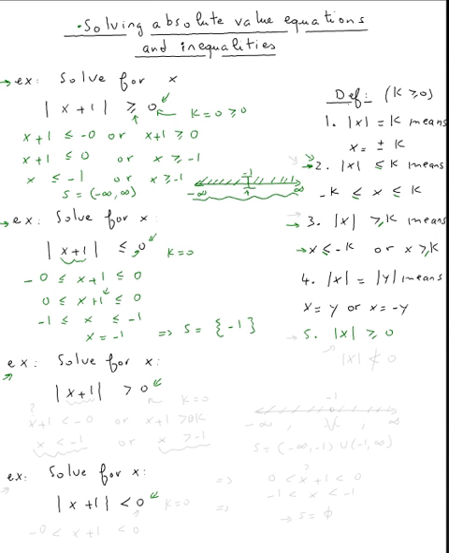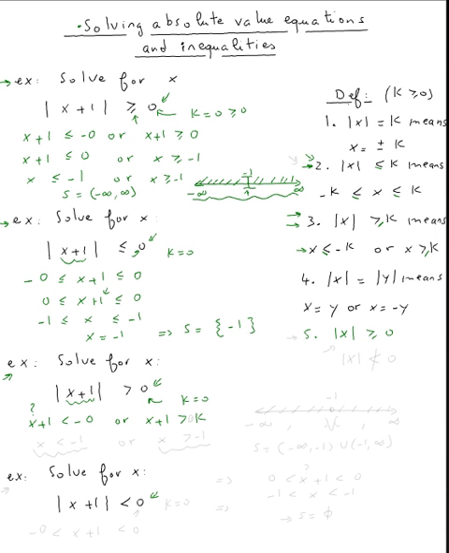Alright, now let's do the next example. The next example is strictly bigger than 0. So I'm going to use number 3, right? It's bigger. Remember, bigger or equal or strictly bigger is the same. So what does number 3 say? Number 3 says whatever is inside the parentheses, remember my k again is still 0, is less than negative k, or whatever is inside the parentheses is bigger than k.